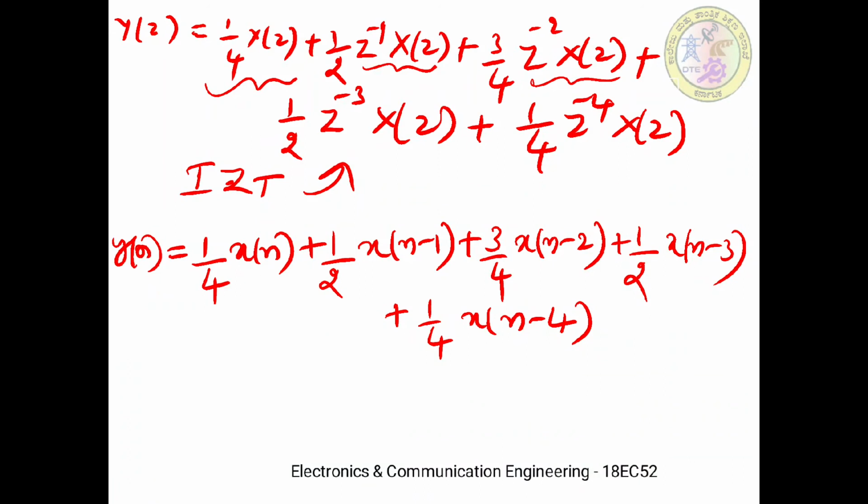So after taking the inverse Z transform, this is what is our equation in y of n. Let us call this equation 1.